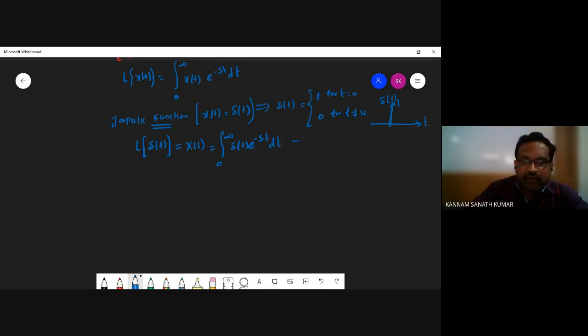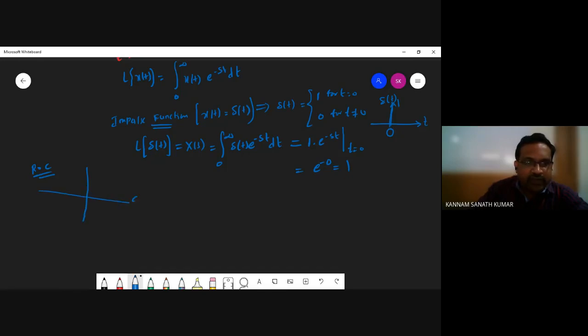It is defined only at t equal to 0, so that value becomes 1 into e power minus st at t equal to 0. So e power minus 0 equals 1.